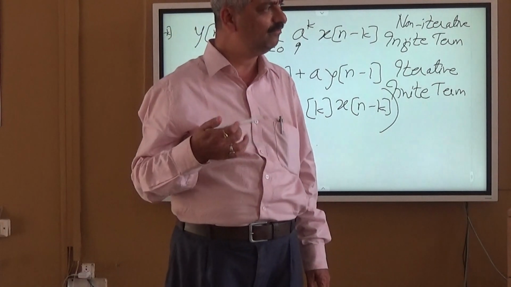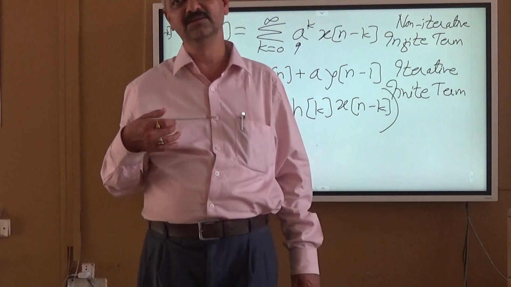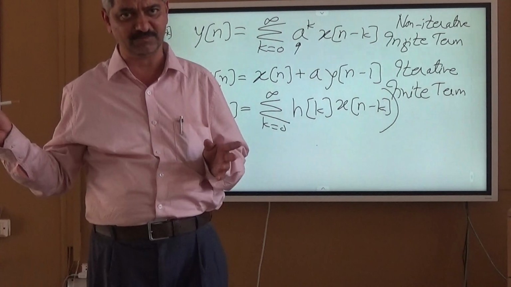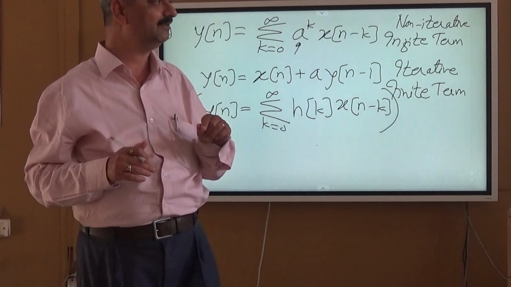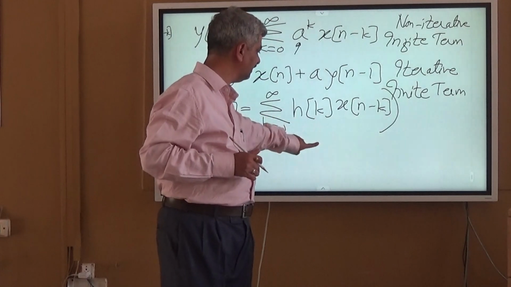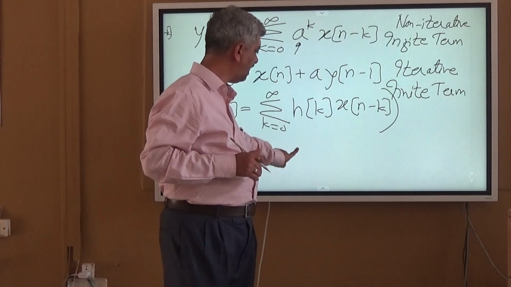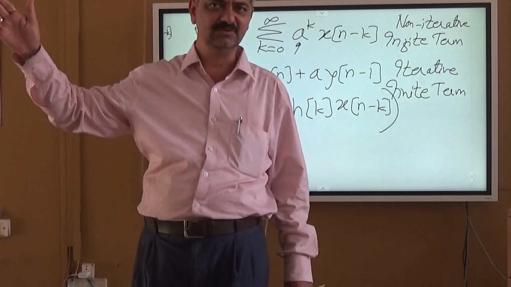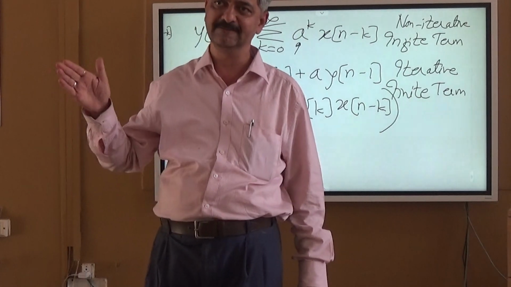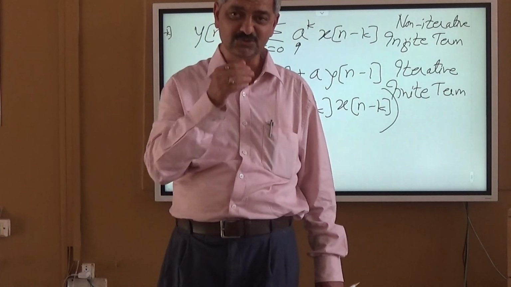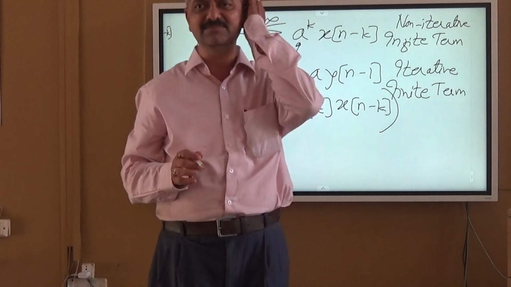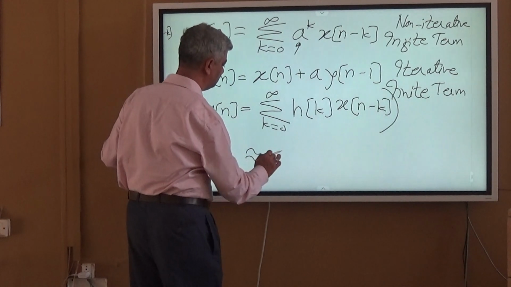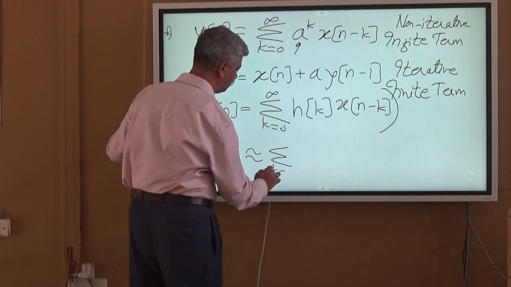But you have some finite memory. You recollect everything in the past, but not so much. Like that, the coefficients h k are not so big as k grows. Those are there, but not so large in value comparatively. So in that case, sometimes this expression can be an approximation of a few previous terms.